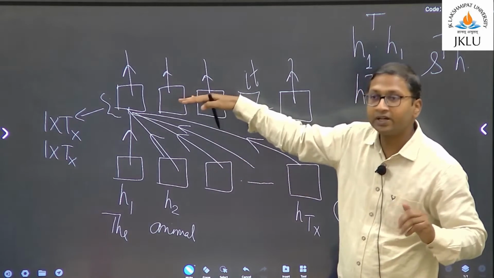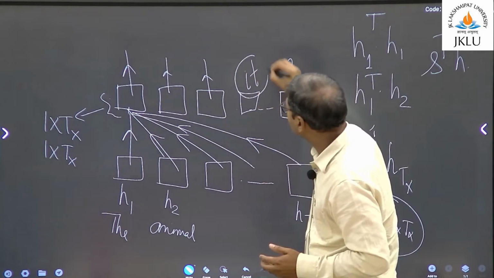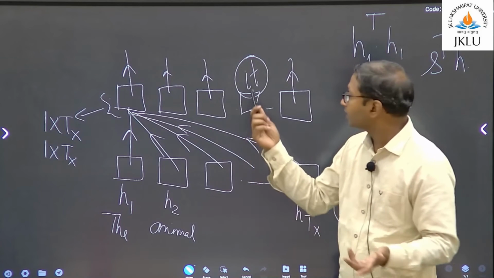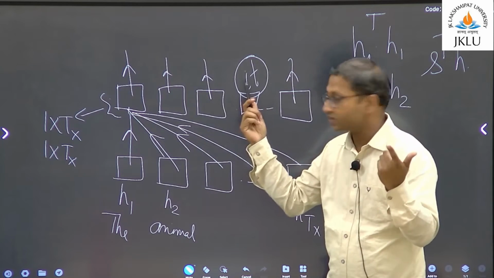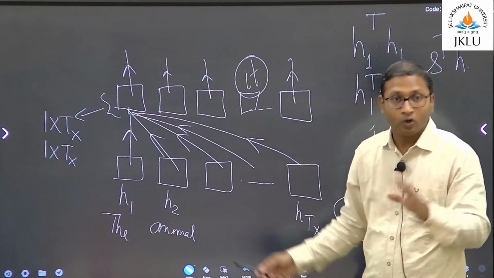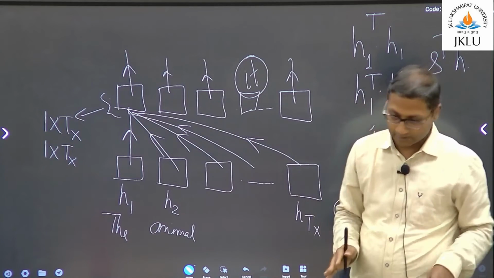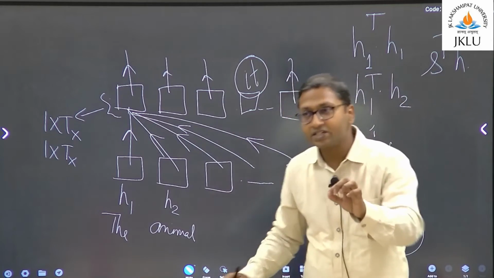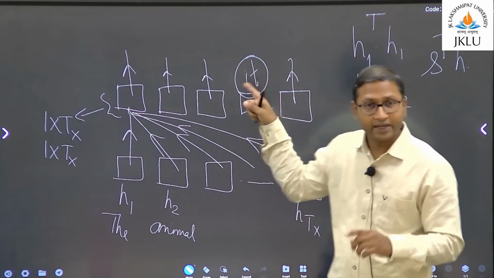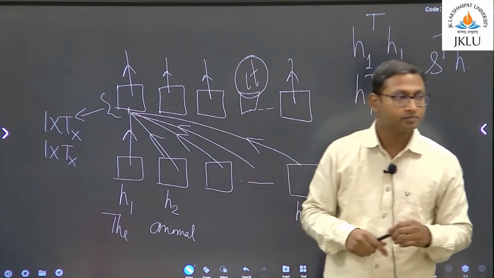The next layer will learn some other representations. So when you are trying to represent it, let us put it this way, the word embeddings in some sense should be closer to the animal. So whatever is the representation of the animal, it should get a similar representation. Does this make sense?